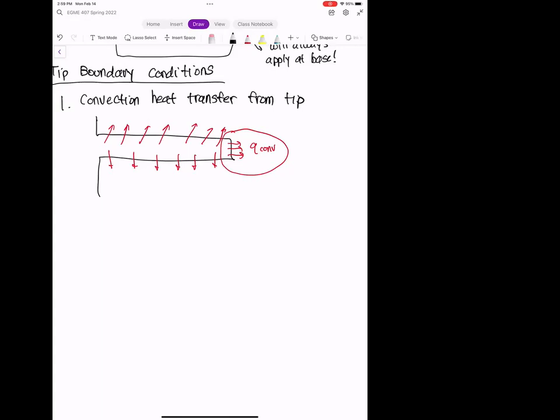We set this up just like a convection type condition that we've set up before for our heat equation.